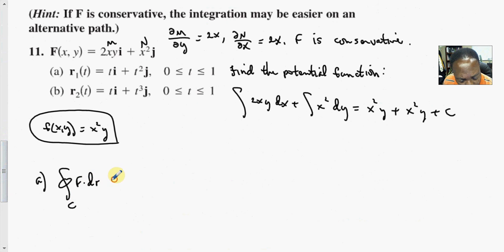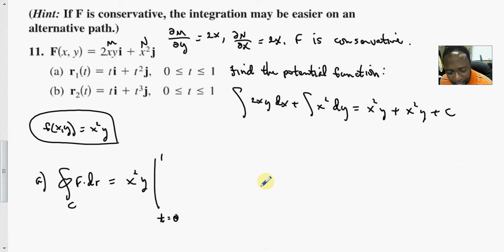So for part A, we're going to find this line integral of F dot dr. Without computing that, we're just going to look at the potential function and evaluate it as t goes from 0 to 1. But what is x and what is y?